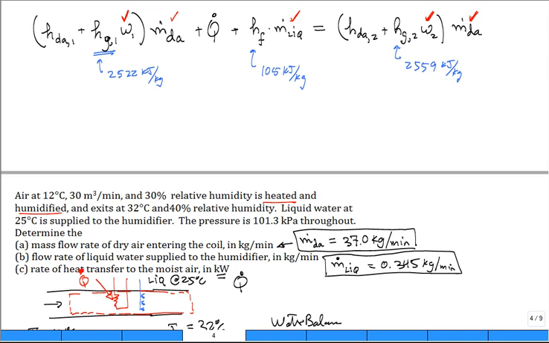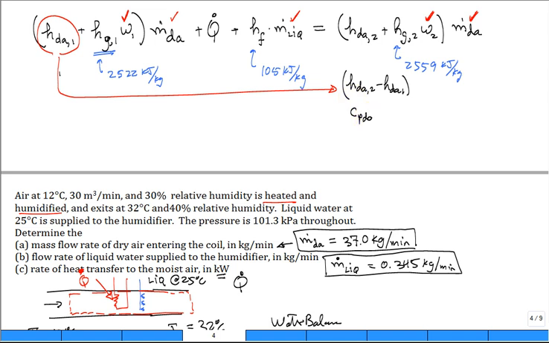Now, how do I handle the enthalpy of the dry air? Yeah, it's a specific heat times the temperature. And what's happening is you can a lot of times rearrange it. Do it this way. Take this term here and bring it over to this side such that you have H dry air 2 minus H dry air 1. That's C sub P of the dry air times the exit temperature minus the inlet temperature.